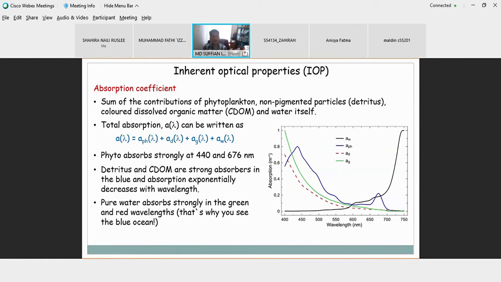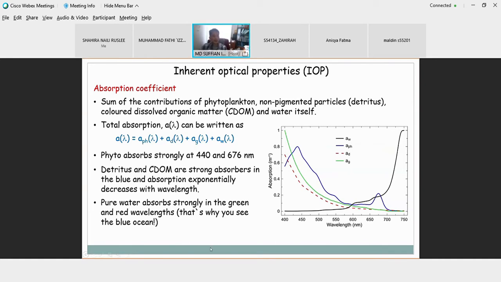So because we know that Rrs, remote sensing reflectance, equal b_b over a. So there is an inverse relationship between a and Rrs. High a, that means low Rrs. And then low absorption and high Rrs.